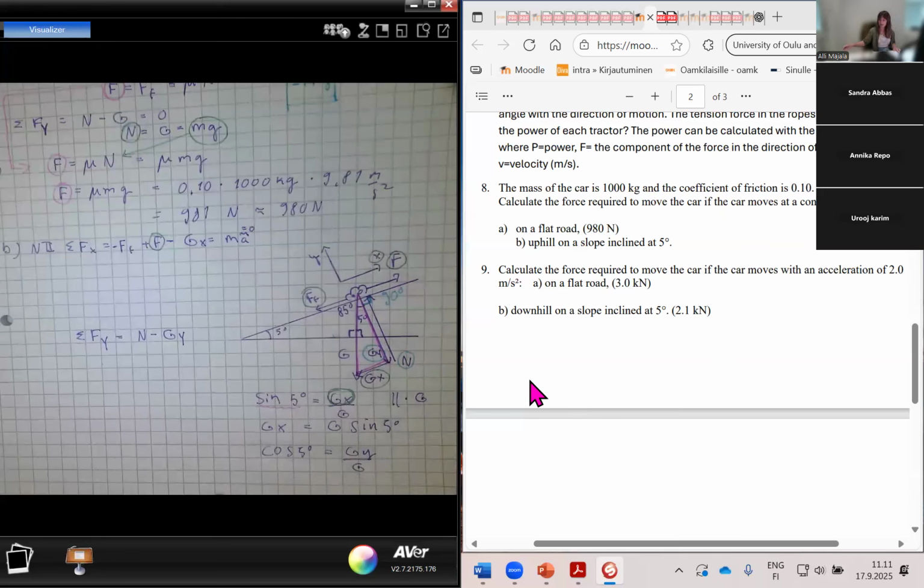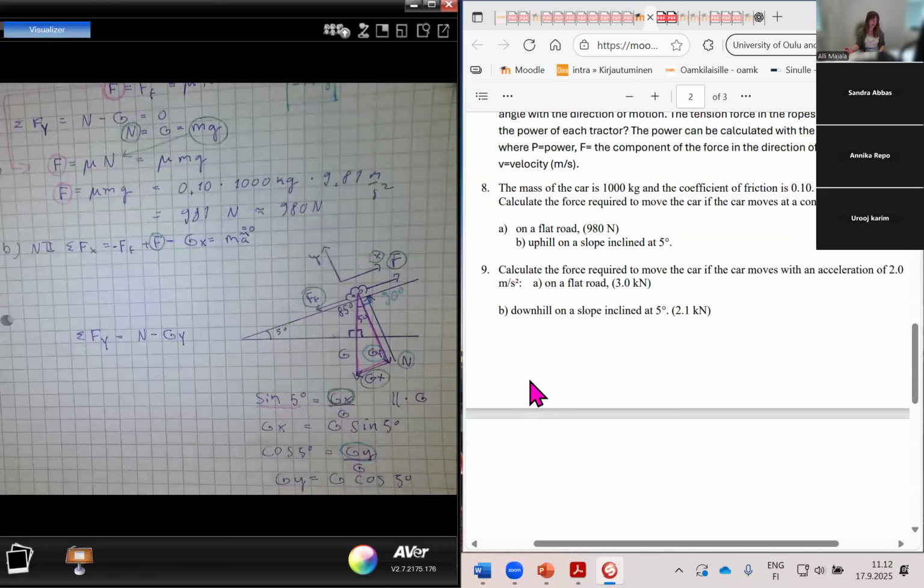And from there, I can figure out what my gy is. So this is where I had to use this right angle triangle. In this kind of calculation, you always end up using it.